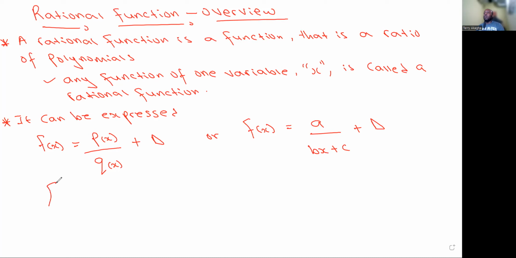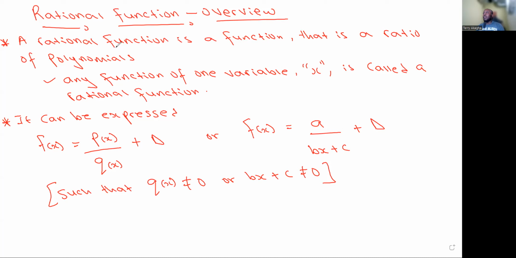You need to know that for this to be a rational function, the denominator q of x, or bx plus c, can never be equal to 0. So in this example, where's the rational function?